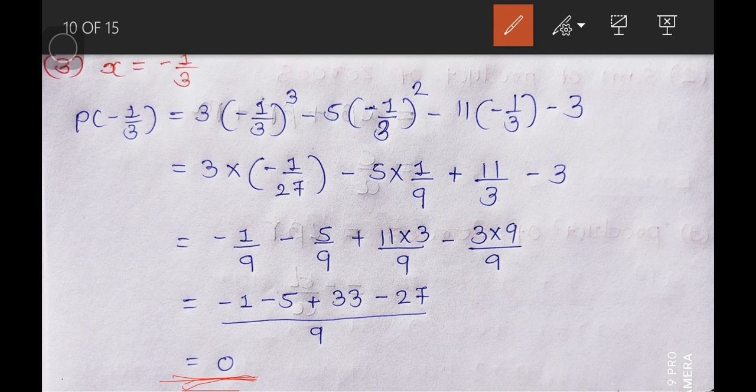So here we have 3 into minus, we find the cube of 1 over 3, and we know that for an odd exponent the minus sign always remains, and for an even exponent you can see that the sign will be positive.